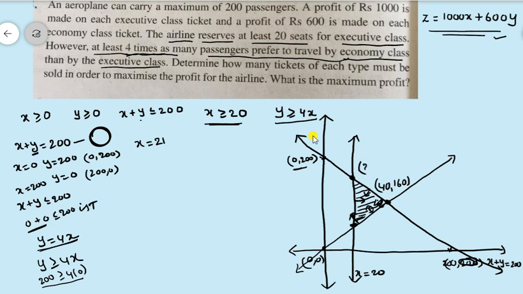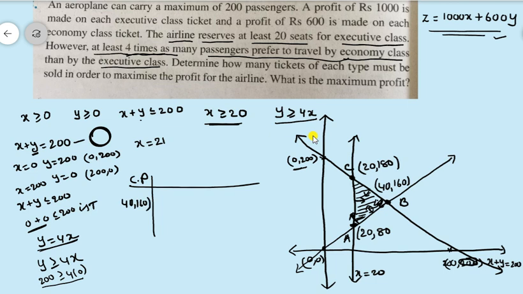Here x is equals to 20, you will get y is equals to 180. Here x is equals to 20, you will get y is equals to 80. So what are the corner points? This is A, this is B, and this is C. Now we have to find out the value of the objective function at these corner points.